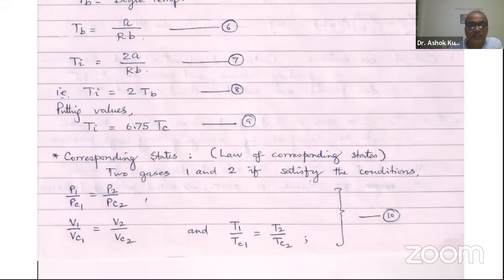If these conditions are fulfilled, then we say that these two gases are in corresponding states. This is called the law of corresponding states.